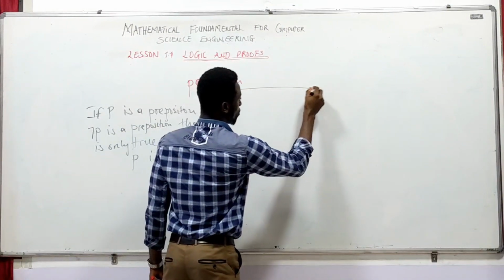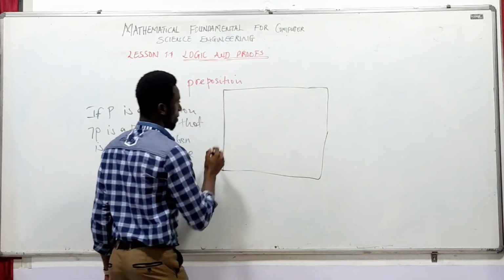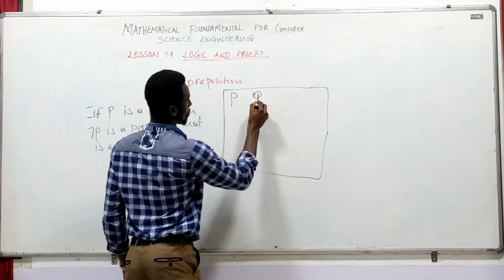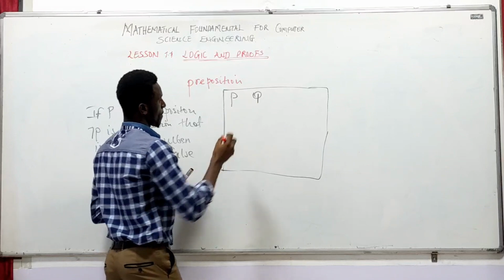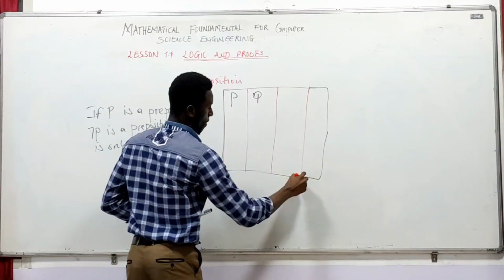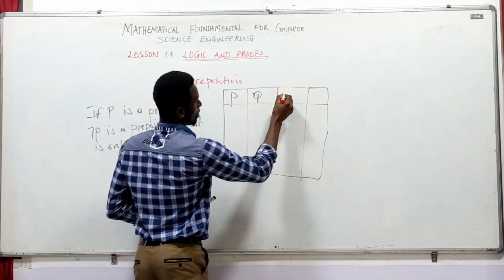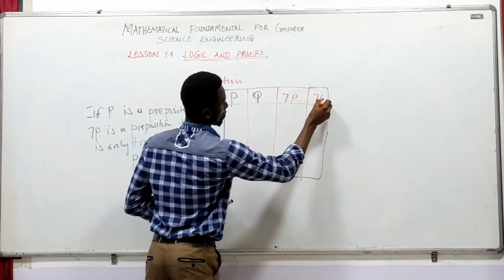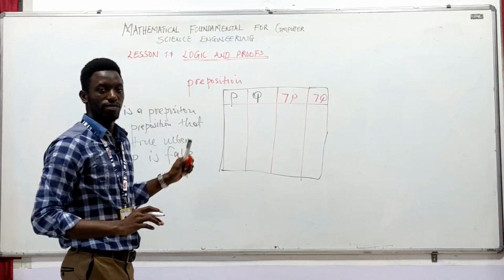So this is our truth table. Let's say we have P and Q, and here we have not P and not Q. This not is also referred to as negation.